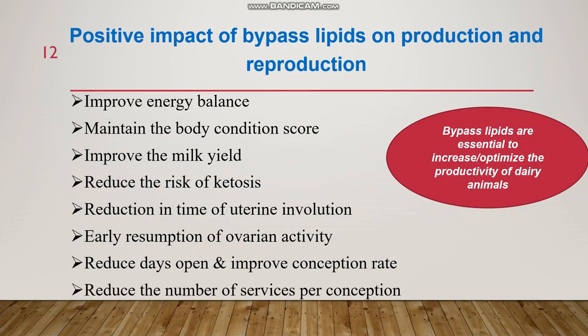Now, the positive impact of bypass lipids on production and reproduction. Bypass lipids improve the energy balance of the animal, maintain the body condition of the animal, improve the milk yield, reduce the risk of ketosis, reduce the time of uterine involution, bring early resumption of ovarian activity, reduce days open, improve the conception rate, and reduce the number of services per conception.